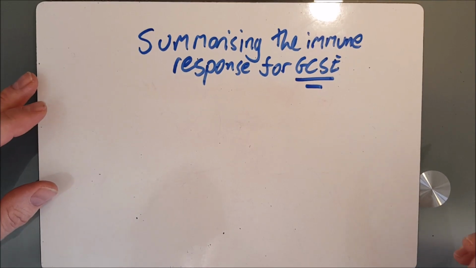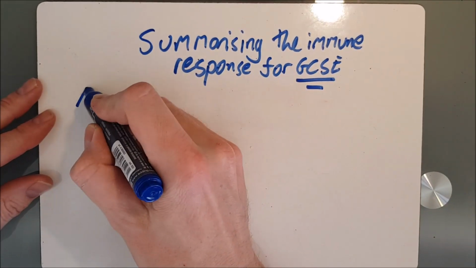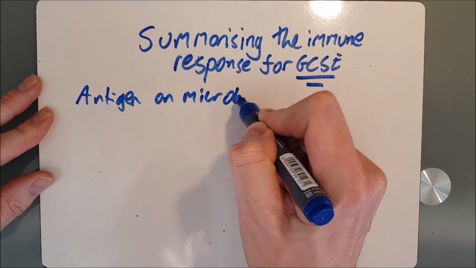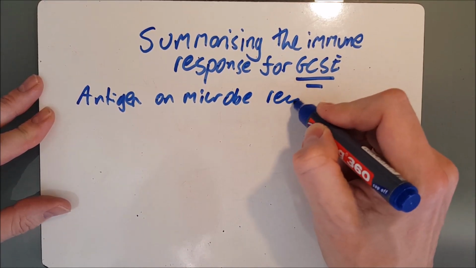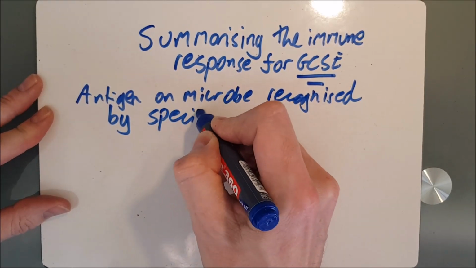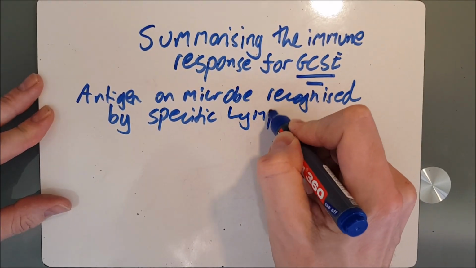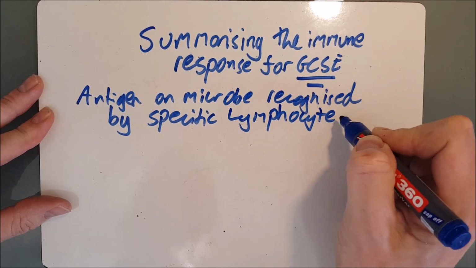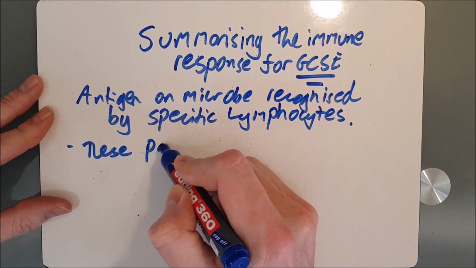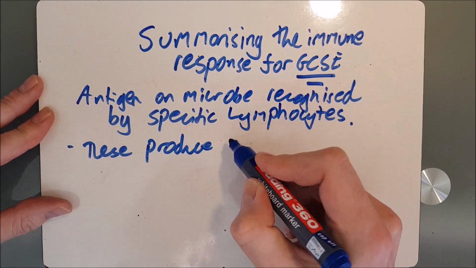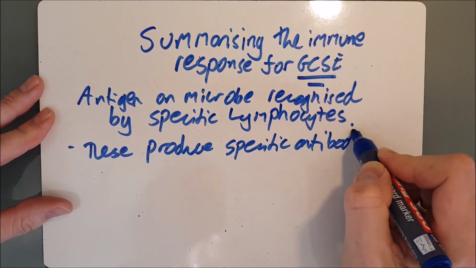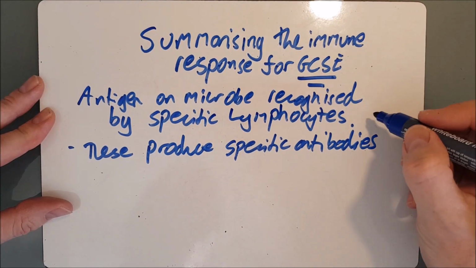I'll just give you a quick summary of the immune response just for GCSE. So the antigen on the microbe or pathogen is recognised by specific lymphocytes. These produce specific antibodies after they've been stimulated. So they're stimulated here.